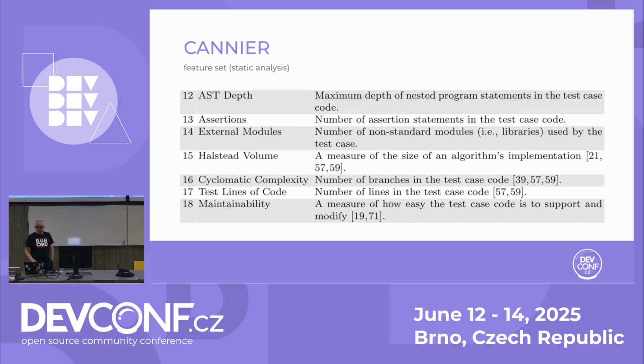And there is also a feature set of static analysis data, based on, for example, AST depth, so how deep is the code in the test. Also cyclomatic complexity, which gives me an idea of how complex the test itself is. The others I don't want to go into in detail. Basically, I can't explain them in detail, to be honest, because I'm just using it.